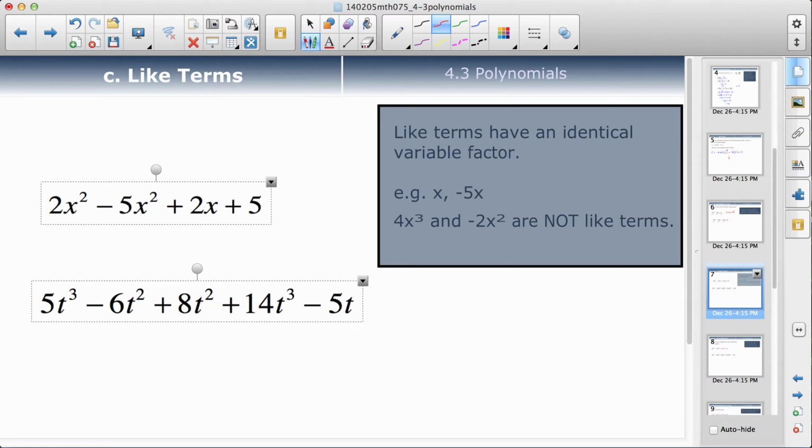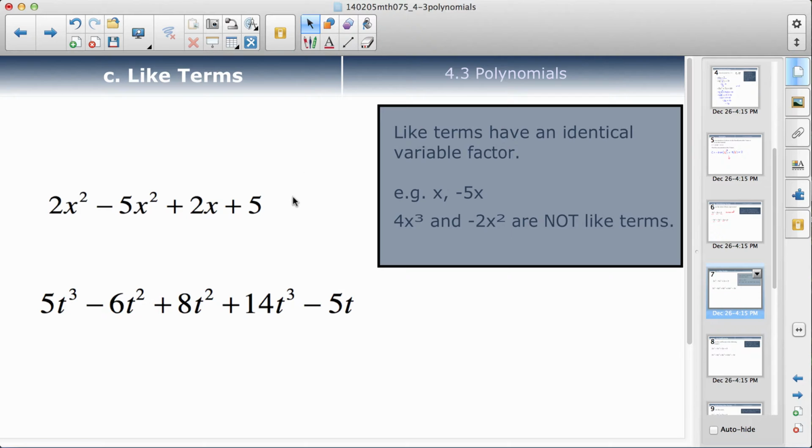When I'm looking at terms in an expression, sometimes I will want to collect like terms. In this case, I've got 1, 2, 3, 4 terms. If any of the terms have the exact same letter and power, I can call those like terms. So this one and this one are like terms.